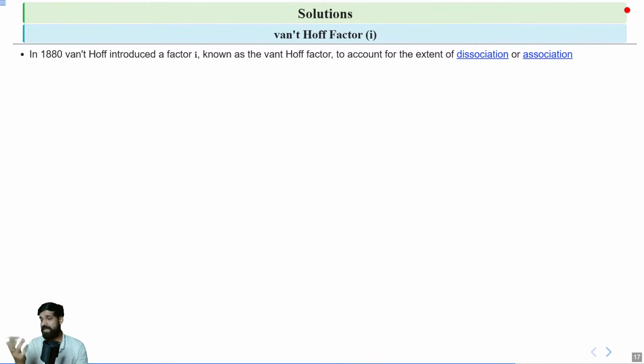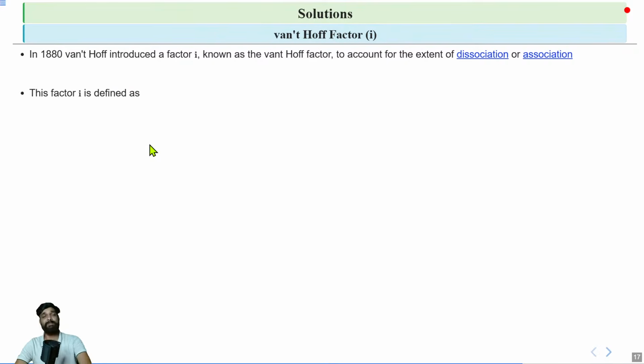For example, weak electrolytes like acetic acid, which is a dissociating particle, but its dissociation occurs only to a certain extent. To address that, where the dissociation or association has some percentage, we have certain working formulas, and those formulas are very, very important.